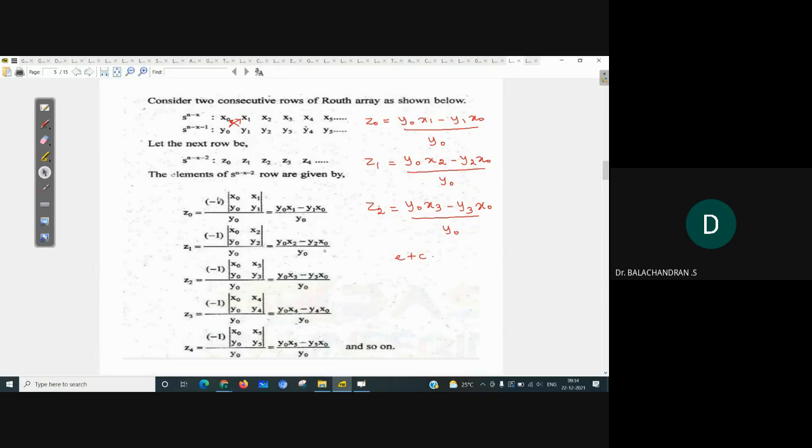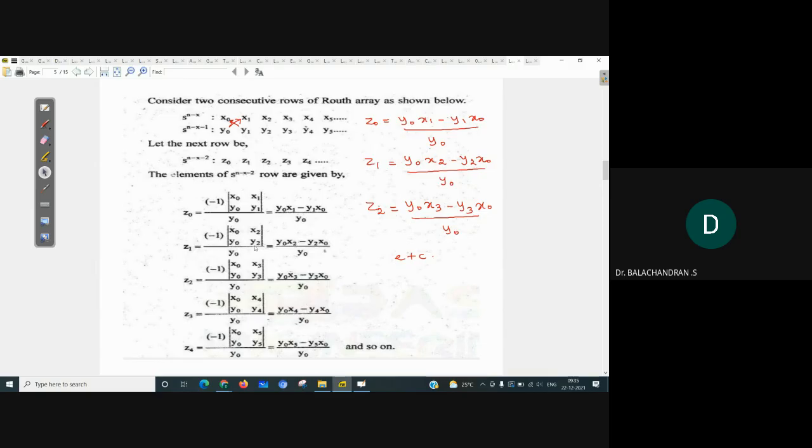And here you have a minus 1 common. Usually when doing a determinant of a 2 by 2 matrix, you would take x0 y1 minus x1 y0, but here we have a minus. So z0 equals y0 x1 minus y1 x0, divided by y0.